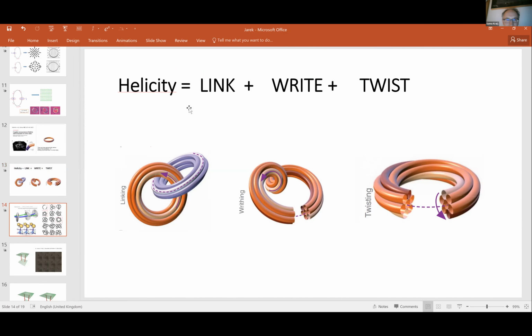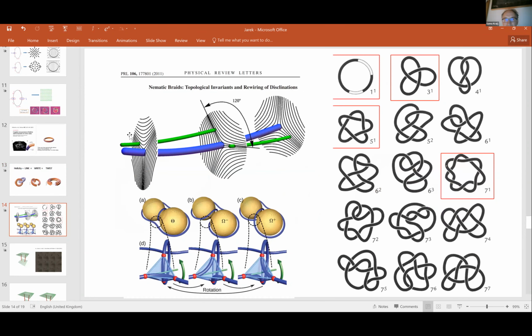If you go to liquid crystals, you can also, in fact, calculate this helicity, but you can calculate it just for line defects that have fixed winding number, because, for example, this is the case of 1/2. When you have this 1/2, each cross section has the same symmetry, and so you can model this by a ribbon.